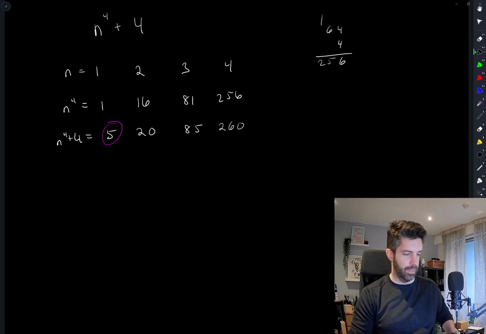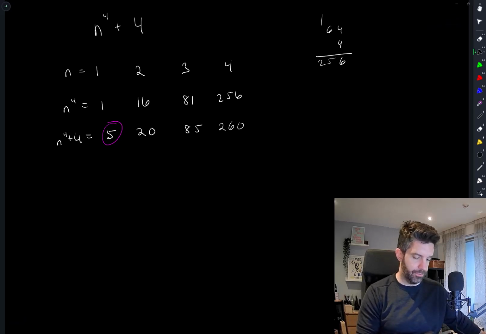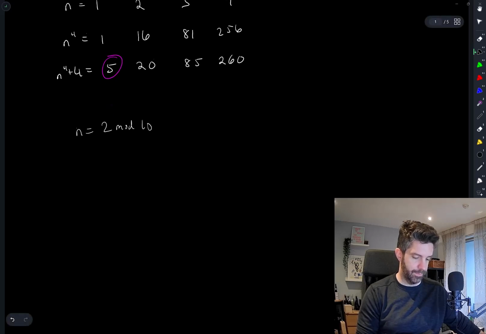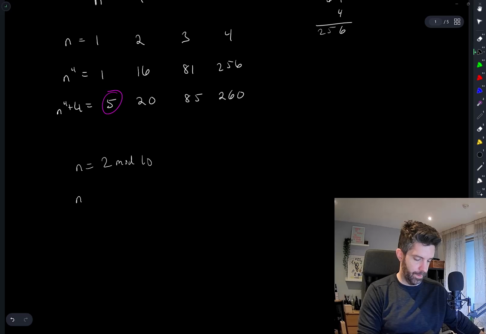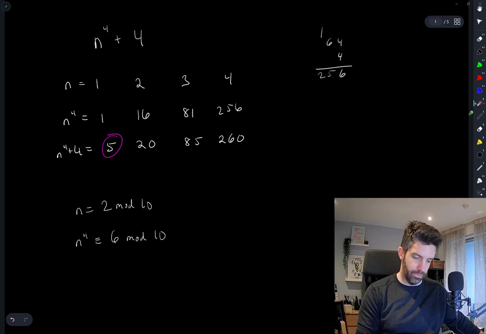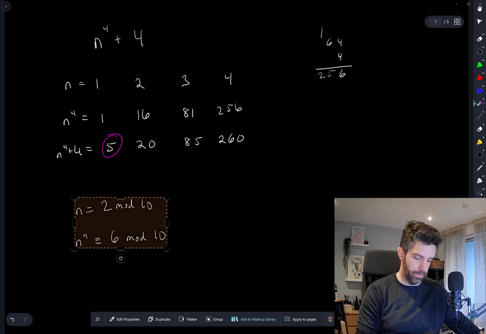But if the last digit of n is 2, suppose n is equal to 2 mod 10, n to the 4 is equal to 6 mod 10. And so then when you add 4, well, it's kind of obvious that if n is even, this won't be prime, right? The whole thing will be even. So let's forget about 2.